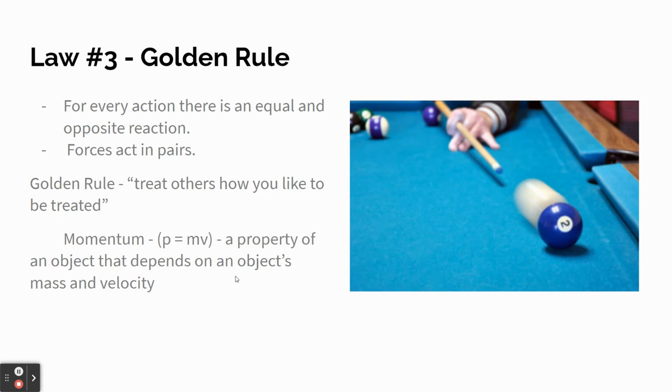Law number 3 is the golden rule. For every action, there is an equal and opposite reaction. This is also the idea that forces act in pairs. So if a cue ball hits another ball, it pushes the other ball in the opposite direction.